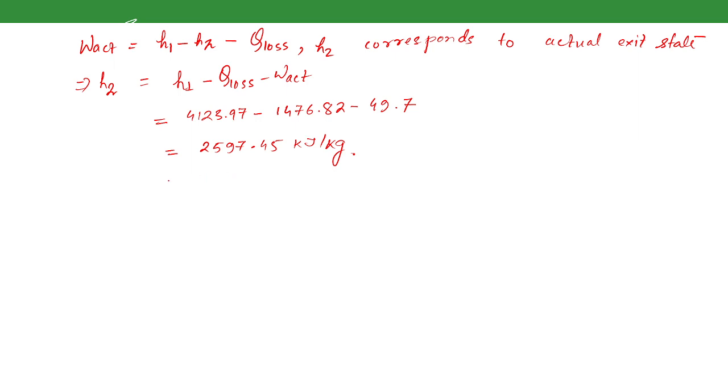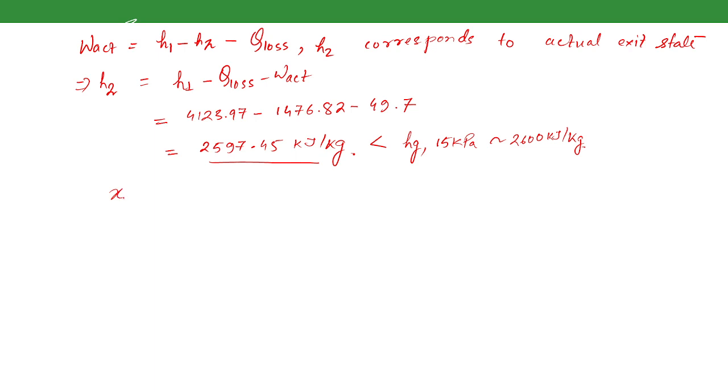If we see the value of Hg corresponding to a saturation pressure of 15 kilopascal, it is nearly equal to 2600 kilojoule per kg. So it will be less than this one, and this will also lie within the mixture zone, a mixture of liquid and vapor.